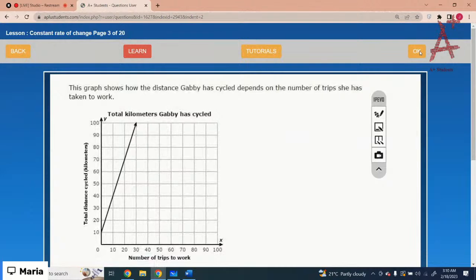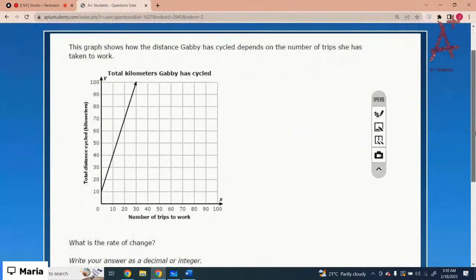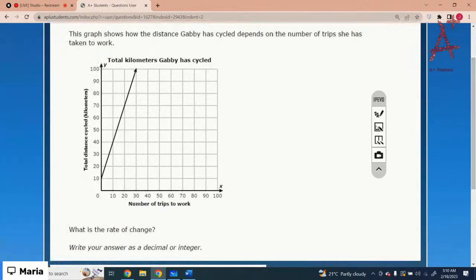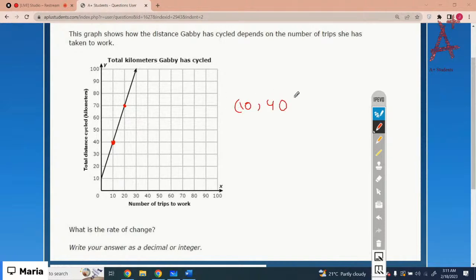The next one is, this graph shows how the distance Gabby has cycled depends on the number of trips she has taken to work. What is the rate of change? So you have to calculate the rate of change. Just select any 2 points on the graph. Let's suppose this is the first one I'm going to select, and here is the second one. Got it? So for this one, x is 10 and y is 40. And for this one, x is 20 and y is 70.